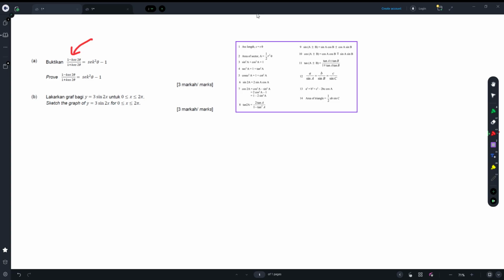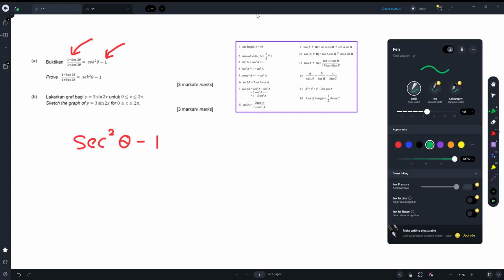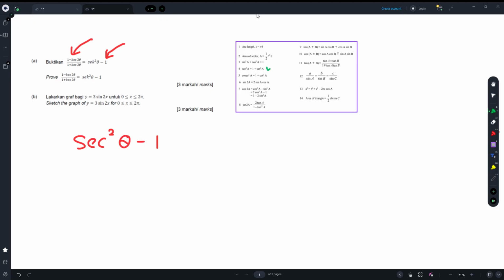Before I move on, I observe the right hand side. On the right hand side I have secant square theta minus 1. So let me jump onto some identities that we have here. The first one which I tick here, number 4, says secant square theta is equivalent to 1 plus tangent square theta.